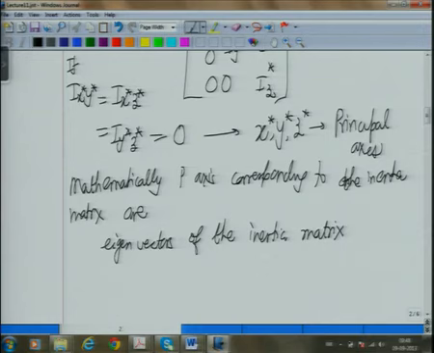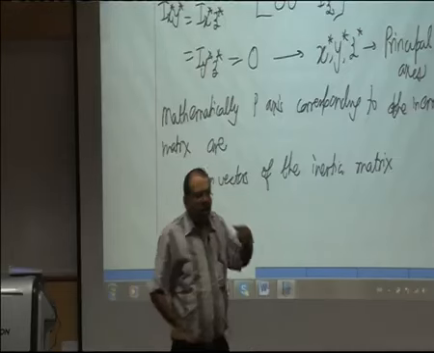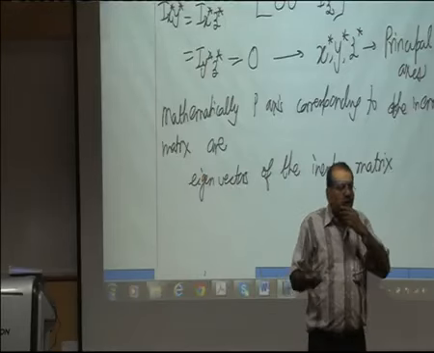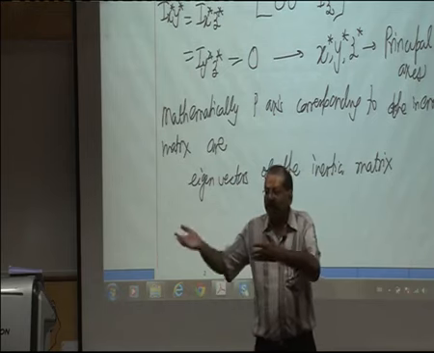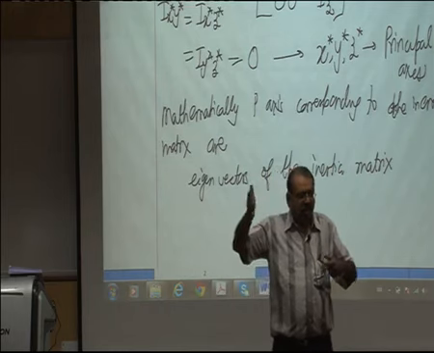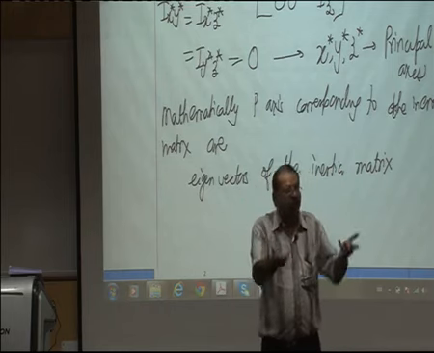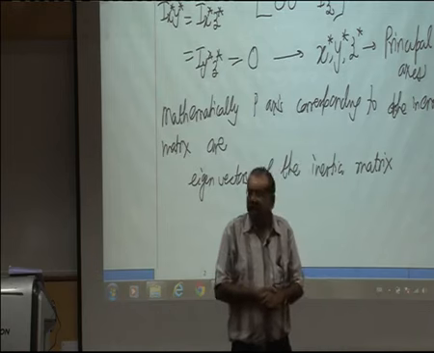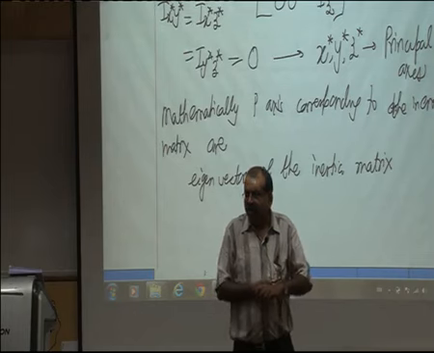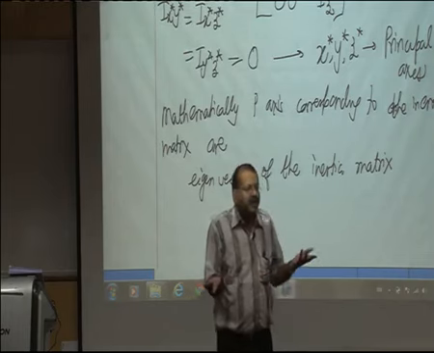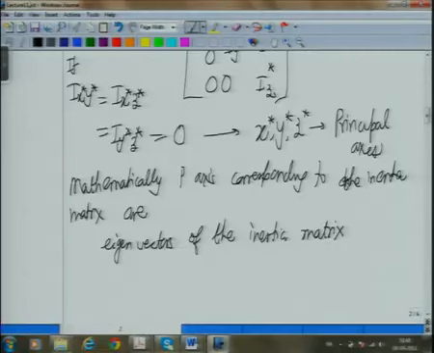So, I have the inertia matrix. If I find its eigenvectors, you know how to find eigenvectors. You take a matrix, you first find the eigenvalues, and corresponding to each eigenvalue, you put A v is equal to lambda v. Lambda is the eigenvalue, A is your original matrix. So, you will be able to find the vector v. You take one of its components as 1, take the other two as x, y, and then you will be able to solve for x and y. That is how you find the eigenvectors. It is very simple if you have to carry out the mathematical exercise. So, the eigenvectors of the inertia matrix are the principal axes.